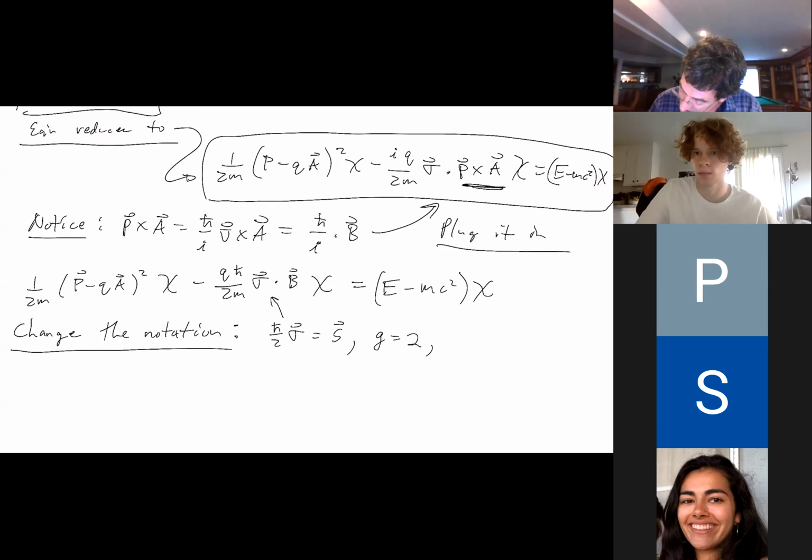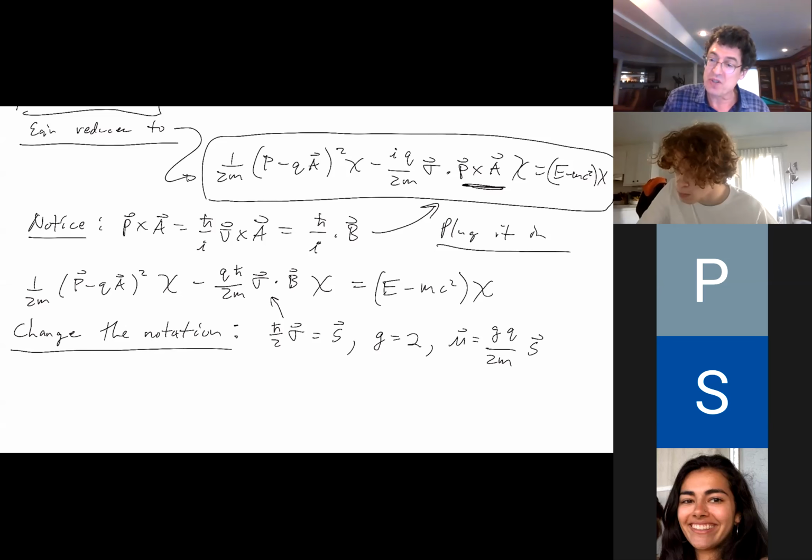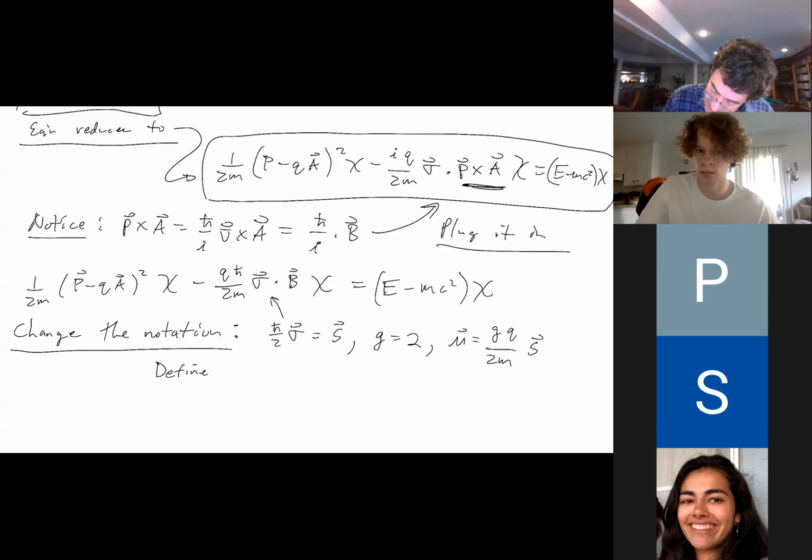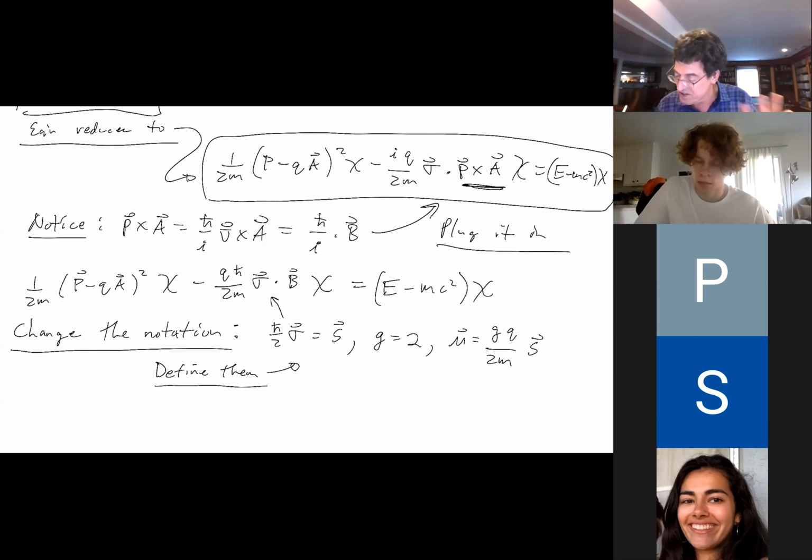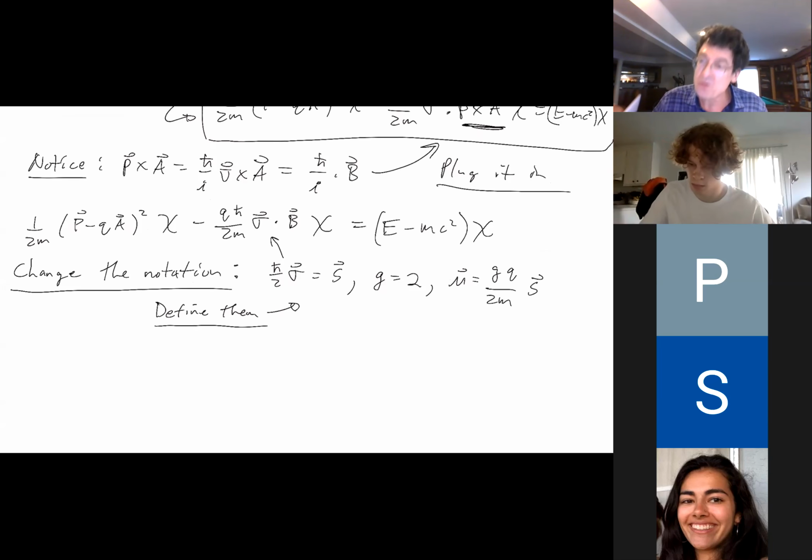And let's define a new operator, mu, which is equal to gq over 2m times S, where g is 2. These are just definitions, we're just changing the notation. But with this new notation, let's plug it in.